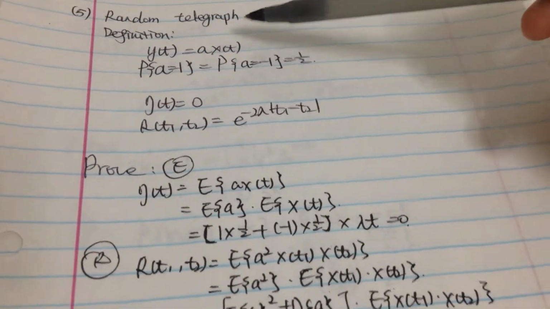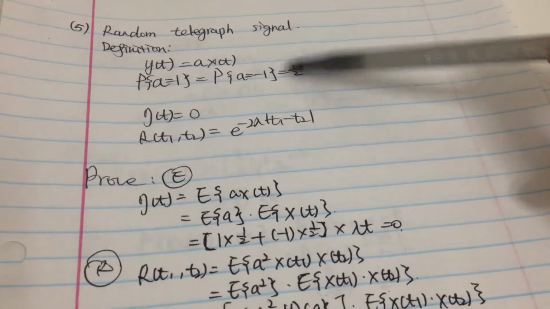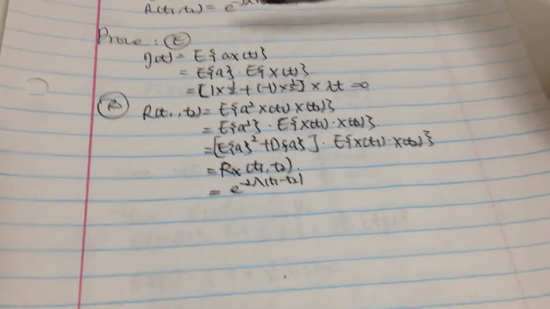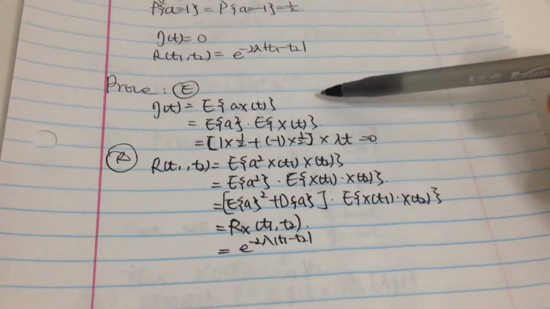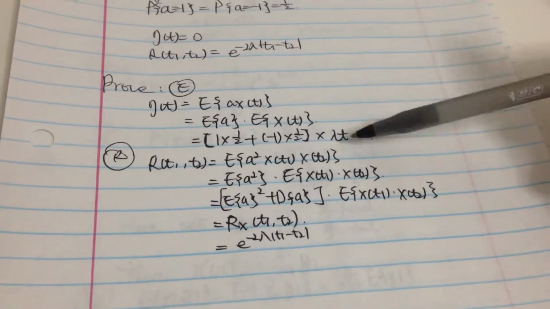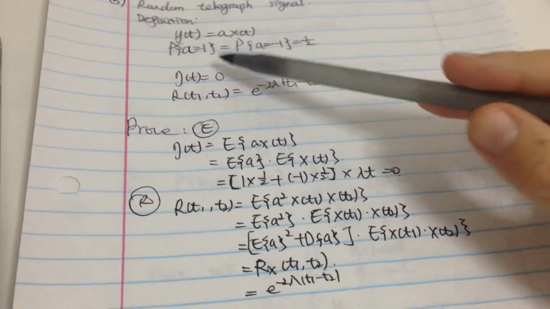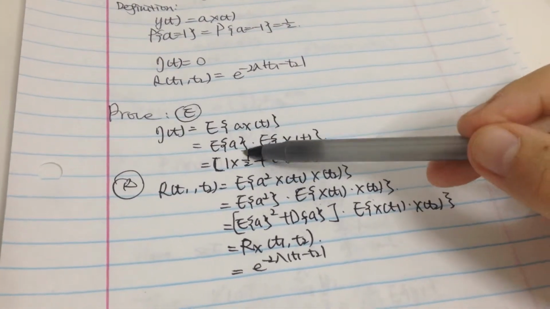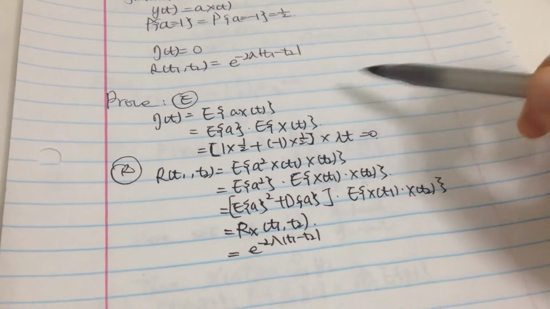Now, this is a random telegraph signal, and here is the definition. So here we could get the expectation. Here is the expectation since A here, this is the expression of A. So the expectation of A equals 0, so it is 0.